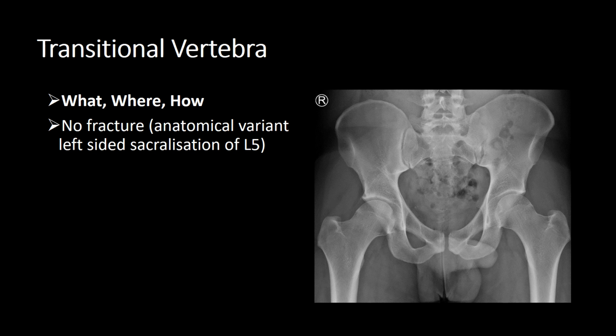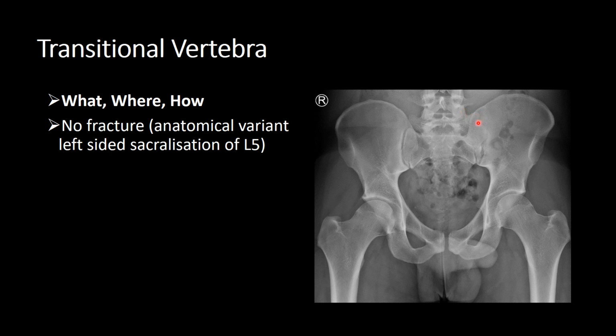Frequently, you can have partial sacralization of L5. On this pelvis view, we can see L5 here. Here's the spinous process. On the right, we can see the transverse process, which is not communicating with the sacrum.